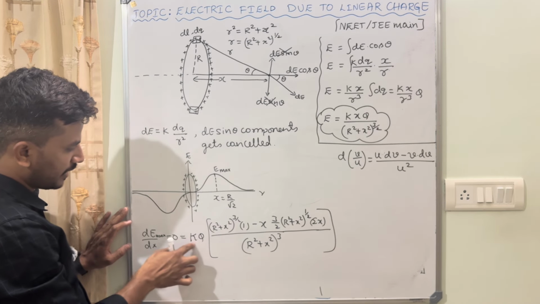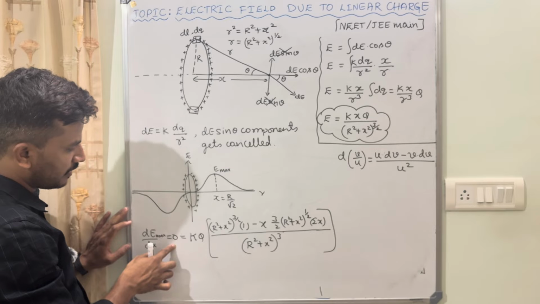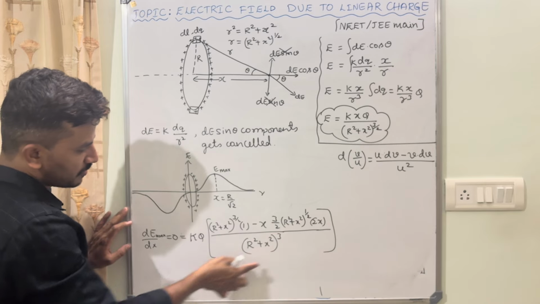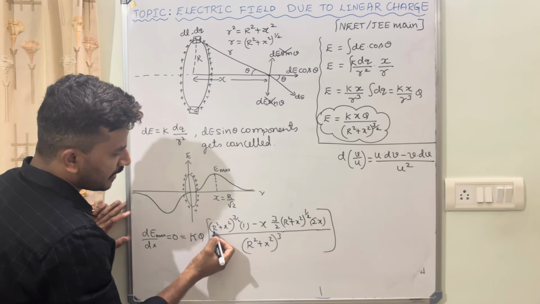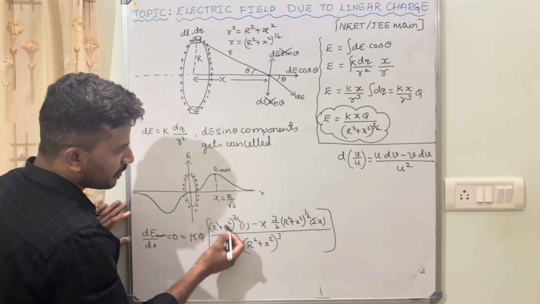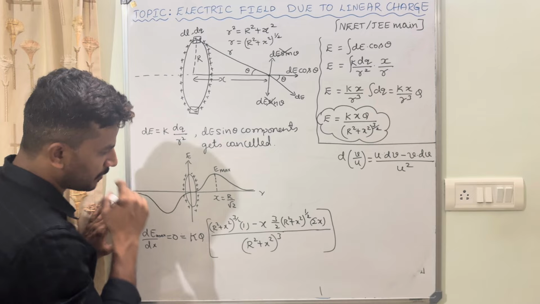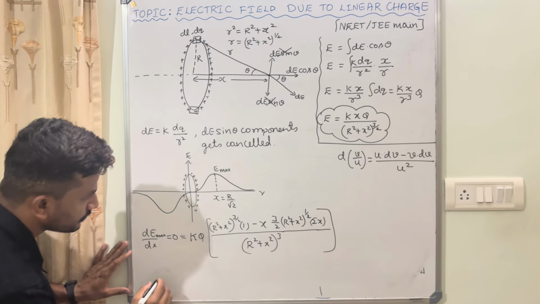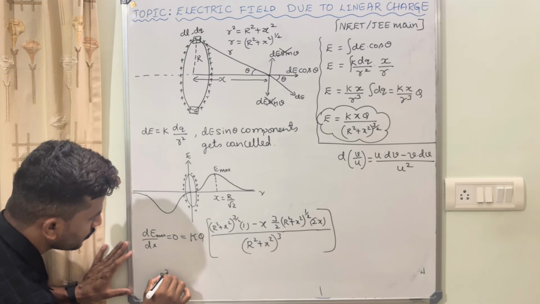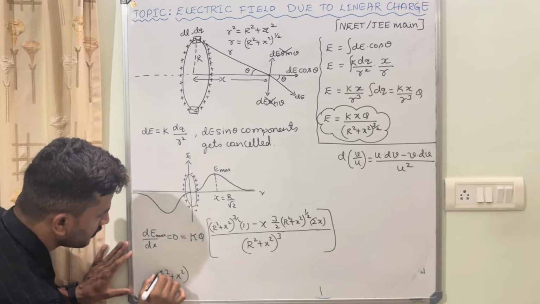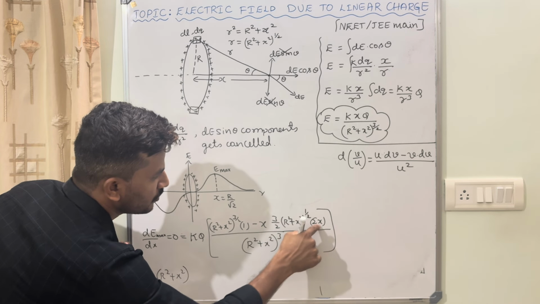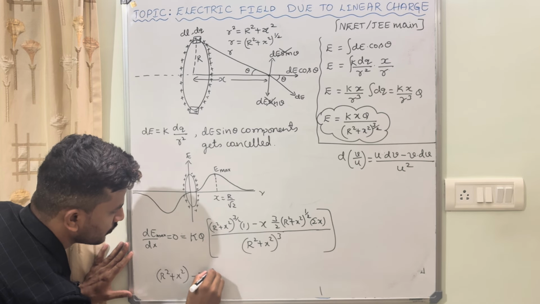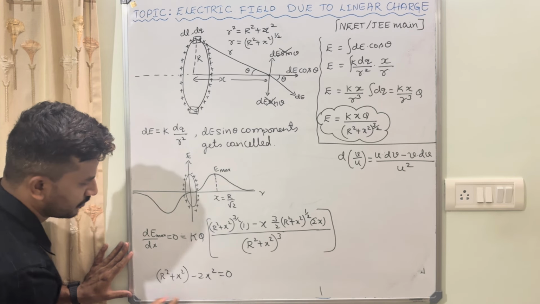Now if you take kq to this side and the (r square plus x square) power 3 to this side, everything becomes 0. And here I can take (r square plus x square) power 1 by 2 common. Remaining, what will be there? (r square plus x square) power 1 minus x into 2x, minus 2x square, will be equal to 0.